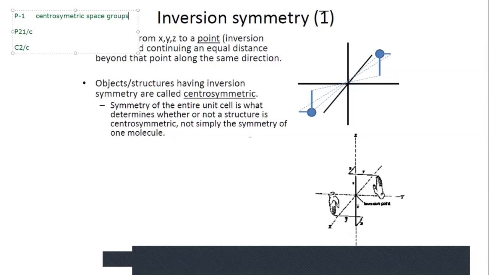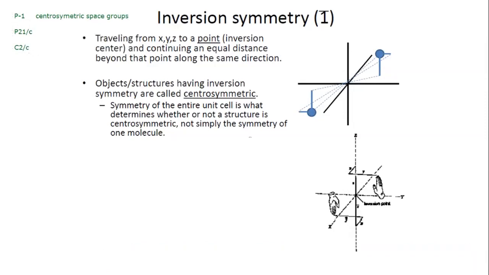Anytime you have something that crystallizes in these 3 space groups, it's always going to have an inversion center. It doesn't matter the type of molecule, it's always going to be in a centrosymmetric space group. And I forgot an M in centrosymmetric, but you can put it in. So again, anytime a space group is centrosymmetric, regardless of the molecule, it's always going to have an inversion center.